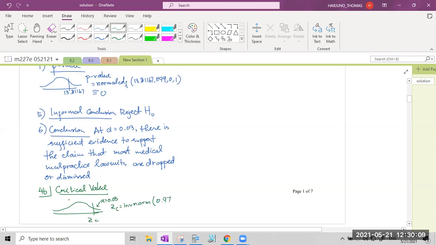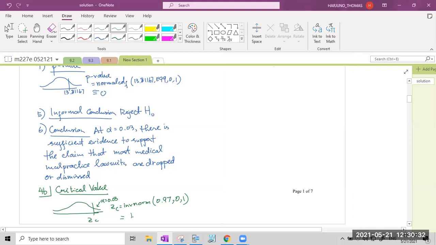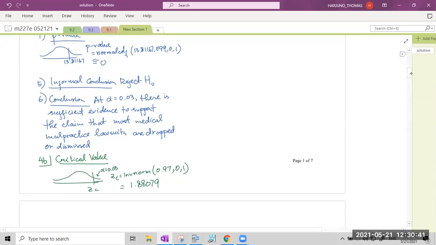If the right tail is 3%, then the left tail is 97%. That equals calculator inverse norm 0.97, 1.88079. That's for our number 1.